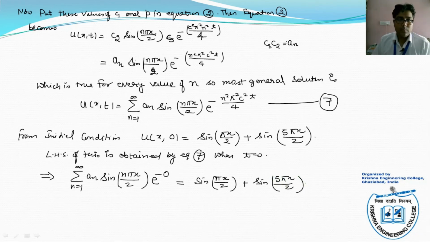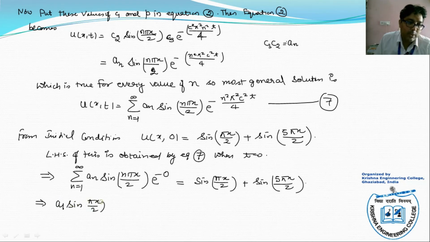Clear? So on both sides the sine term occurs. So we find the constants with the help of expansion. Clear? So expand this: a1, put n is equal to 1, sin pi x by 2. Clear?